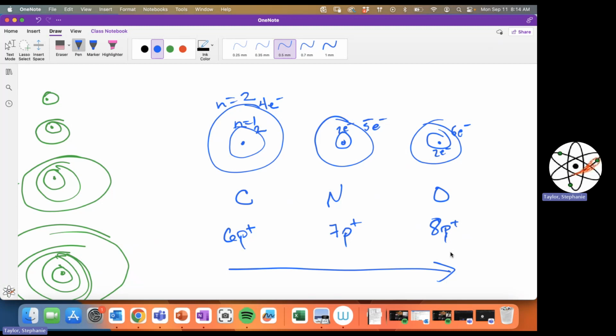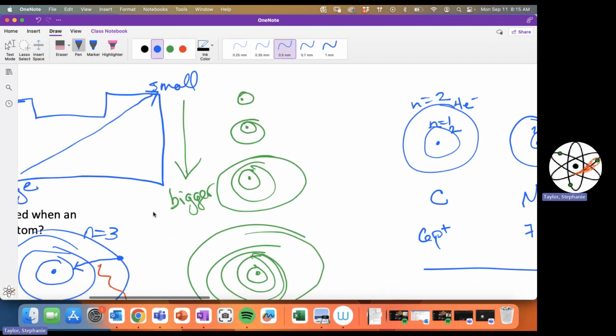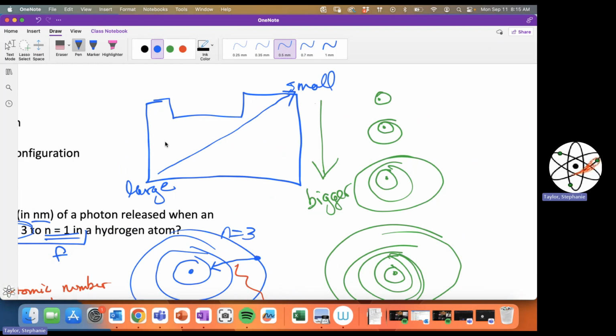So I wind up with a smaller atom because it's also a little bit denser because of that ability of the nucleus to hold on to the electrons. So as I go from left to right, I should actually see these things becoming smaller.